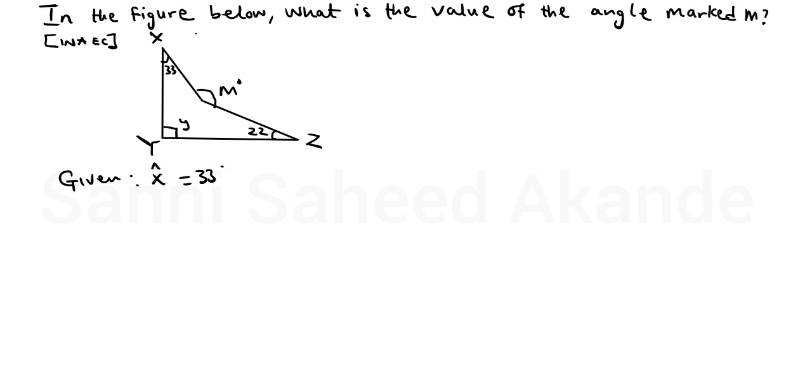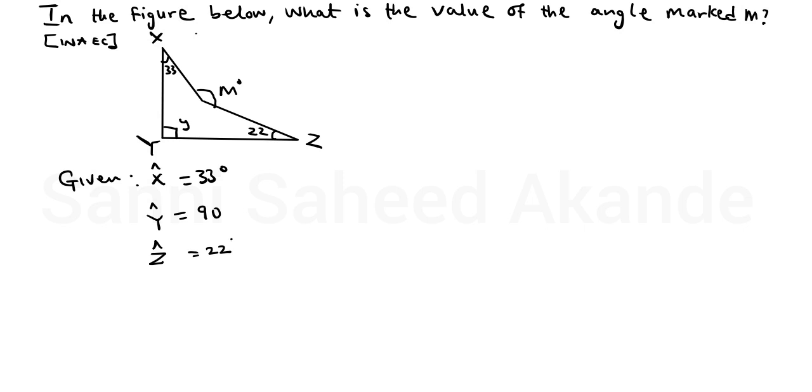Okay, and then angle Y is given to be equal to 90 degrees, though it is not written, but this symbol that you are seeing here means 90 degrees. Understood? So angle Z is also given to be 22 degrees.